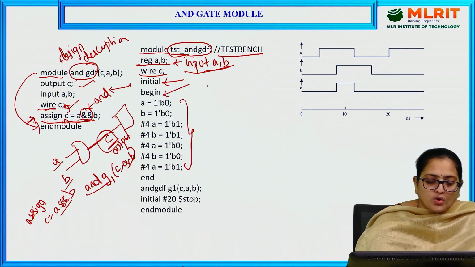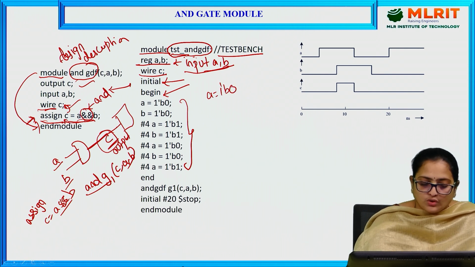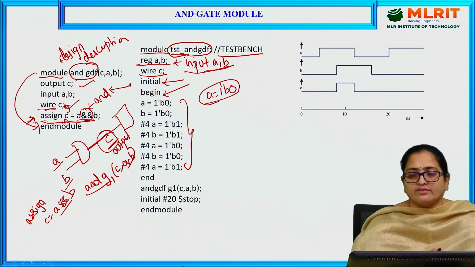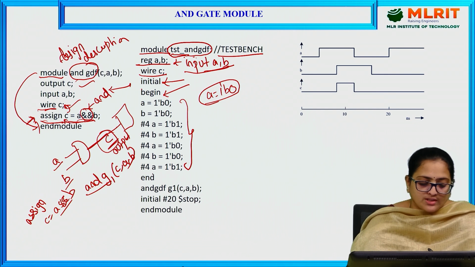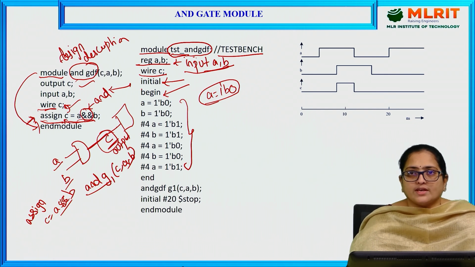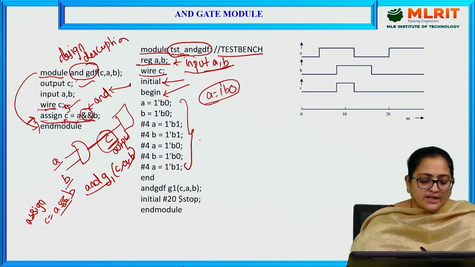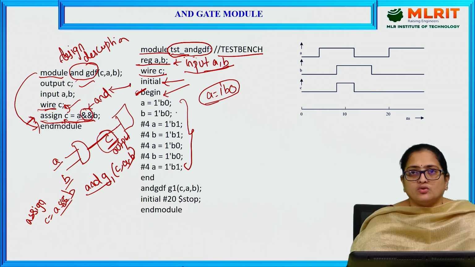If you want to check only one input value, that is A equals 1-bit binary value of 0, that is only one value, there is no need to mention begin and end. But here I want to check for n iterations, so these n iterations can be given to A and B values by using a begin statement. This begin states that n number of values are going to be assigned to A and B.